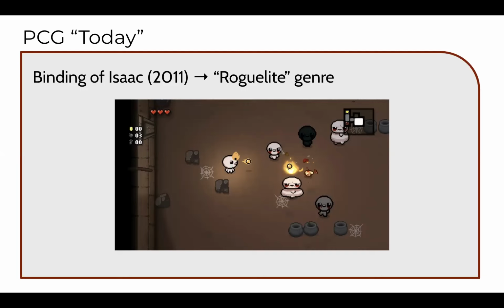And one of the ones that kind of pushed this craze forward was The Binding of Isaac in 2011, which was heavily inspired by early Legend of Zelda games, and the structure of the dungeons is basically what they generated.